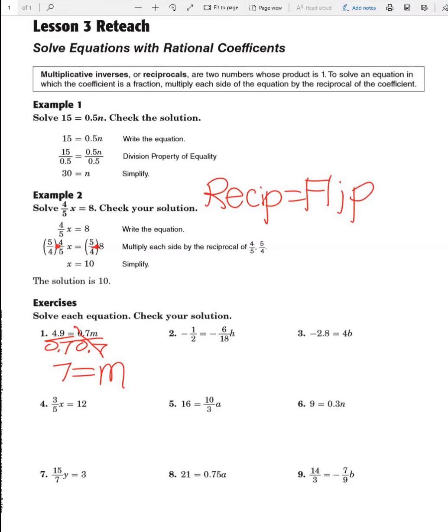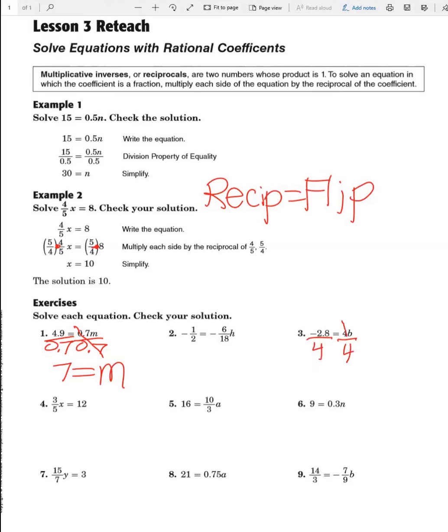Number 3. Negative 2.8 equals 4b. This problem is showing multiplication. The opposite of multiplication is division. We're going to divide both sides by 4.